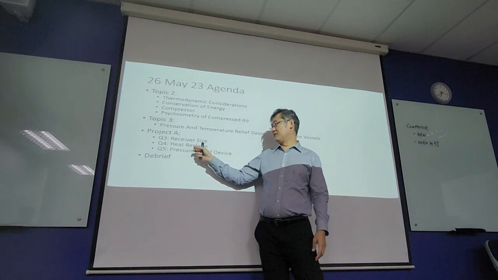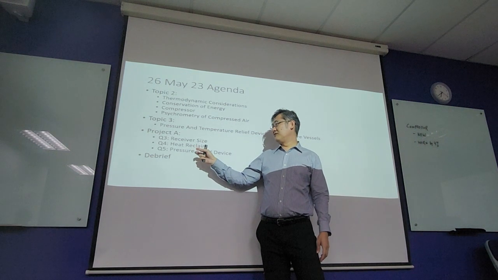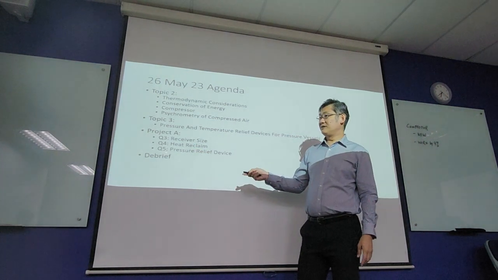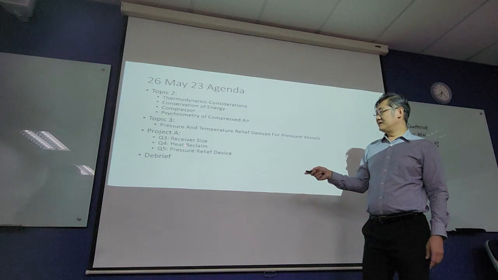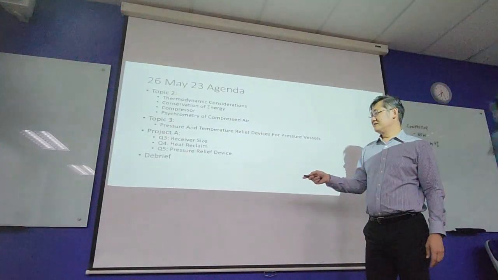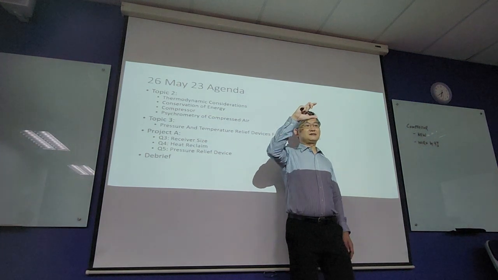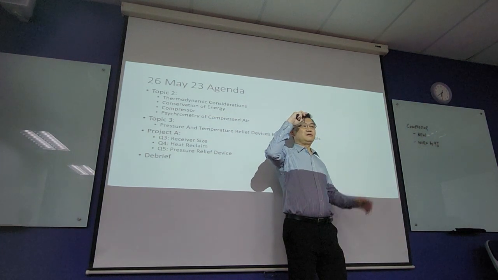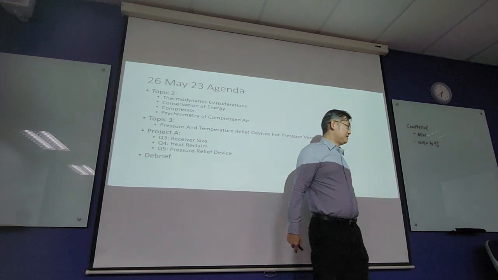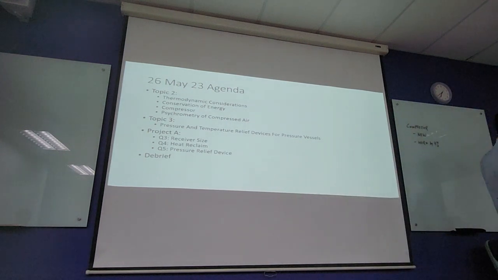We want to do this for question 4. And question 5 will be related to topic 3, the pressure relief devices. How do we actually select a safety device for our air vessel? So this is what we want to do today.